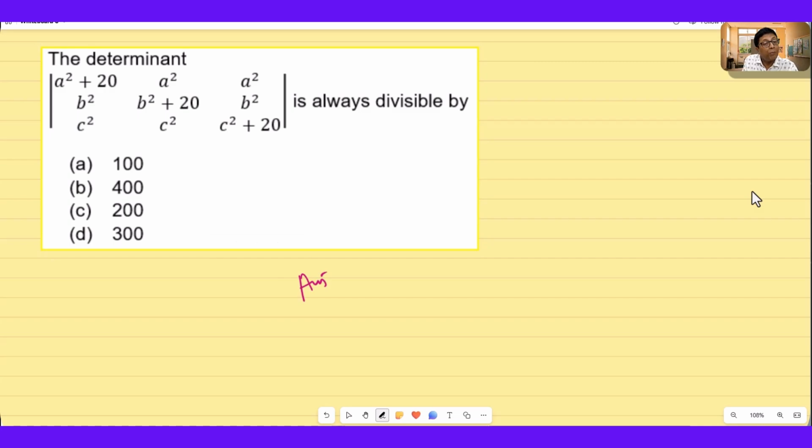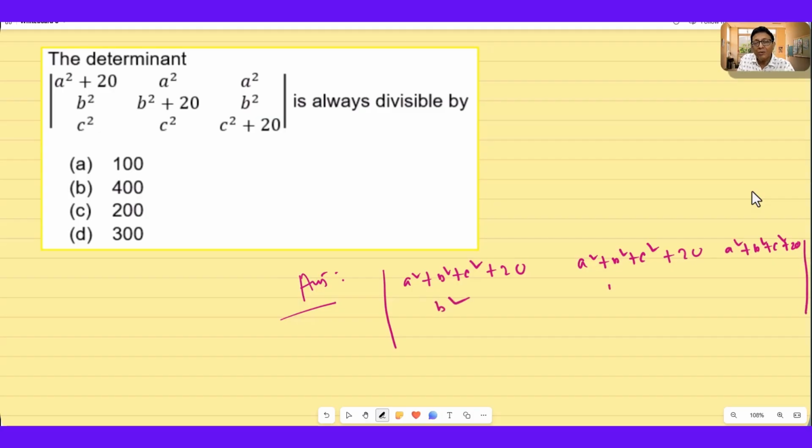We will be using properties only. But see, here no problem is there. You just add. This is going to be a square, b square, c square plus 20. Here also, and this one also.